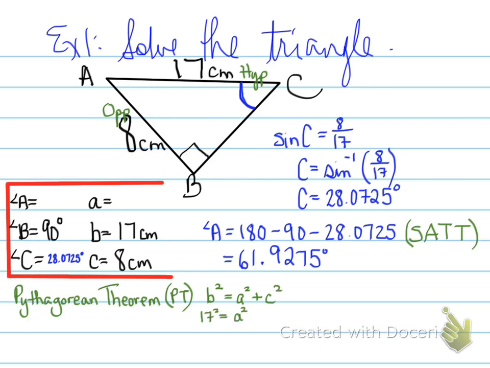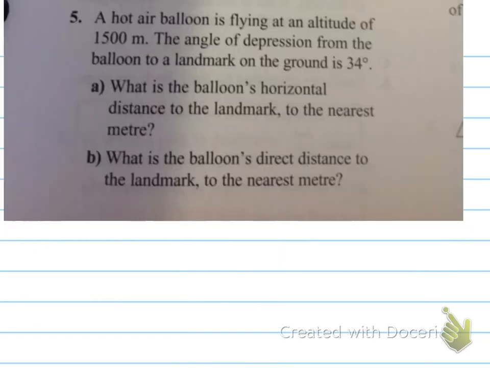So 17 squared is equal to a squared plus 8 squared, and a squared turns out to be equal to 225, which means a is equal to 15. So a is equal to 15 centimeters, and angle A is equal to 61.9275 degrees. All right, one more.